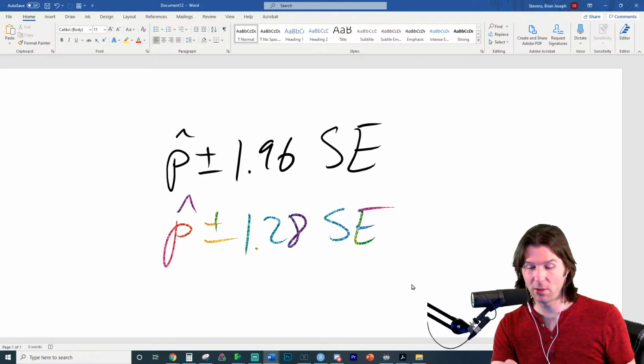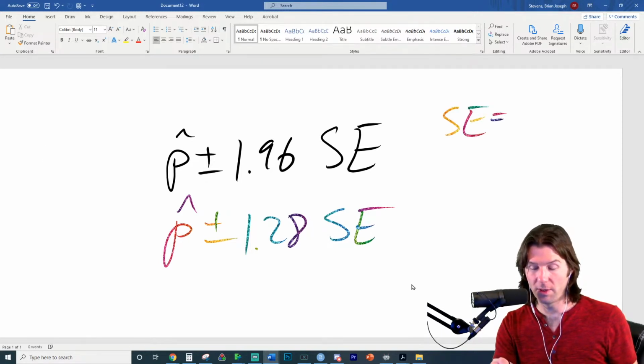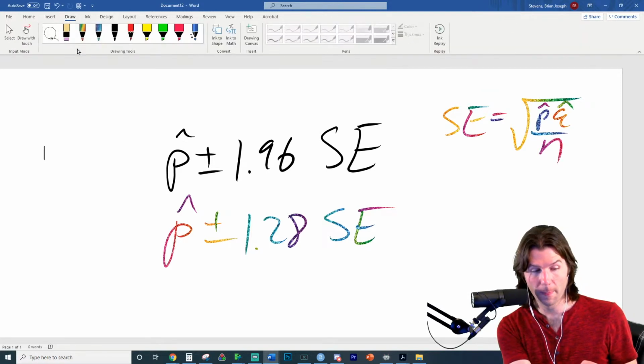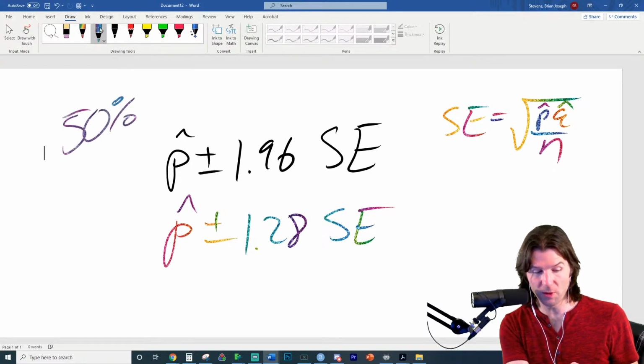Standard error is equal to the square root of p hat q hat over n. So this top interval is 52% wider.